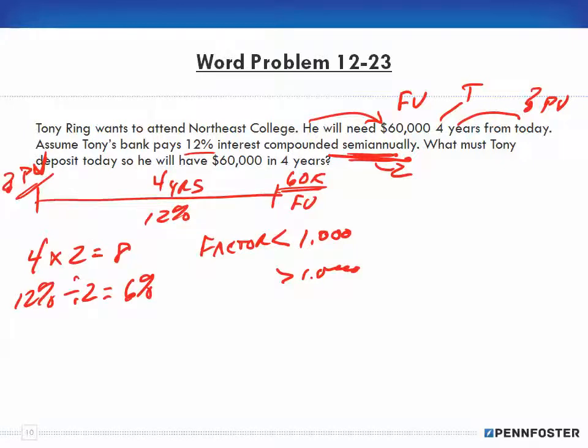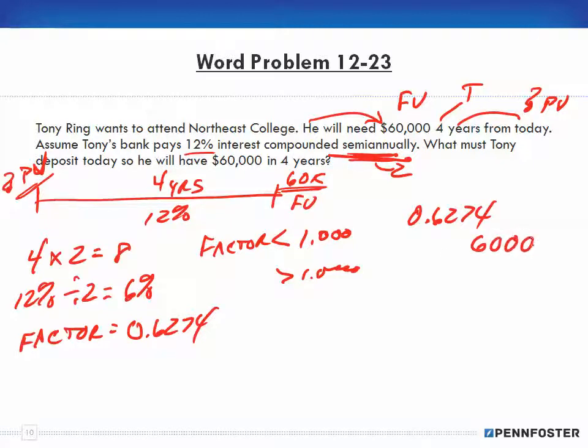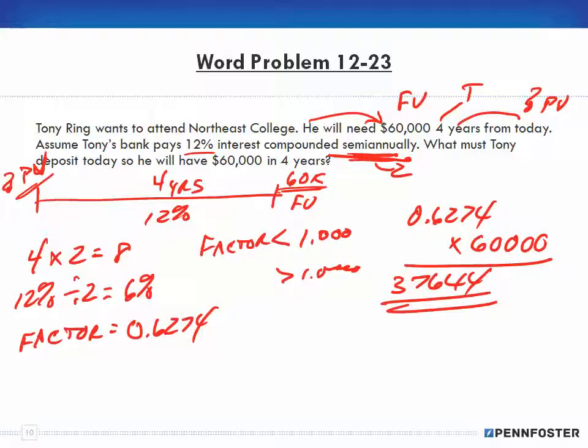So I take the 0.6274 and multiply it times the 60,000, and I end up with $37,644. That's my present value, which makes sense because it's less than the future value of 60,000. So he needs to deposit that $37,644 in his account.